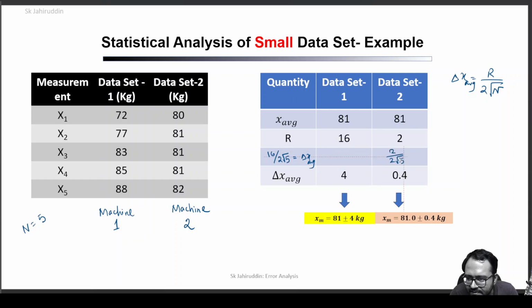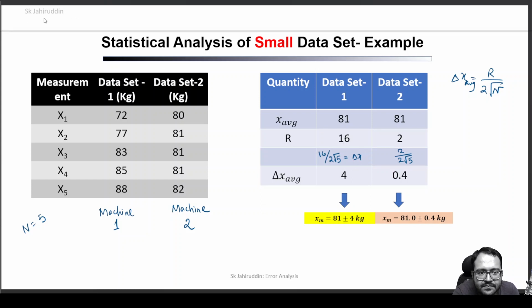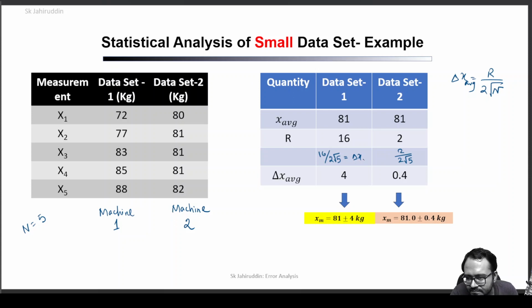Again, I'm sorry. This is delta x average. Approximately I write it as 4, and approximately I write it as 0.4.